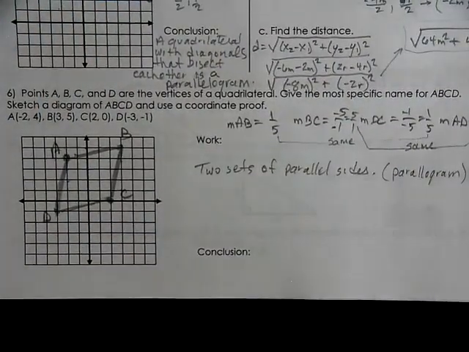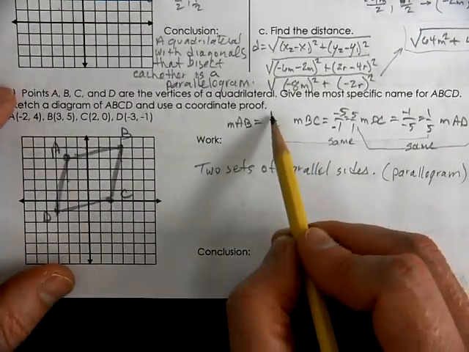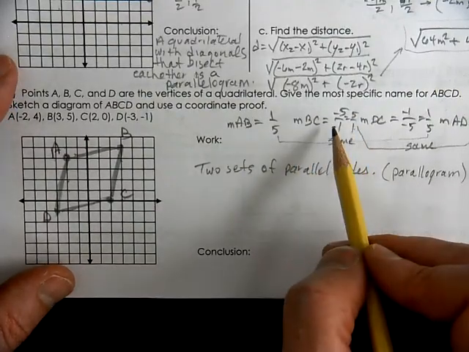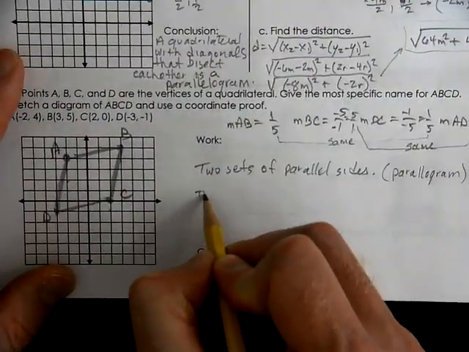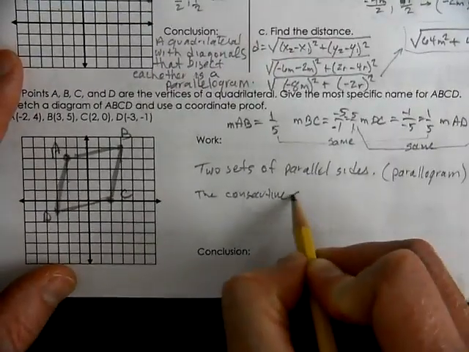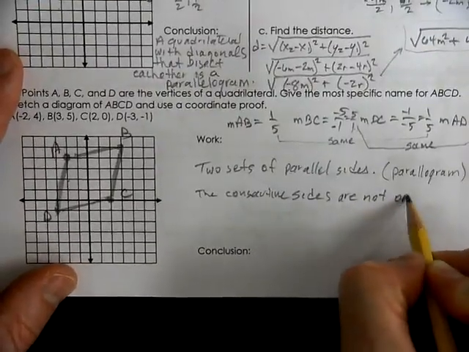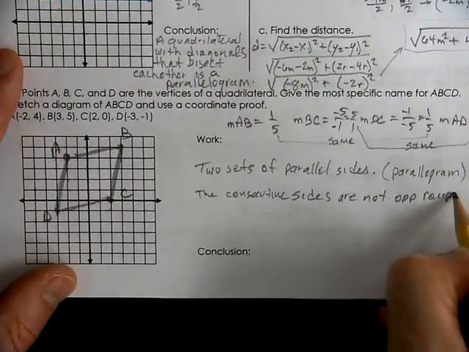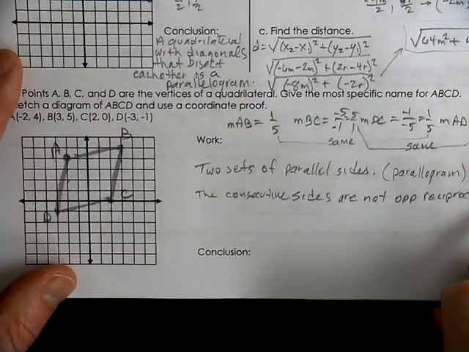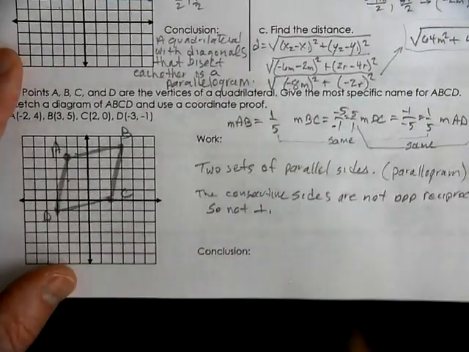So is the parallelogram opposite reciprocals? When we look at the sides right next to each other, 1/5 and 5/2 are not opposite reciprocals. The consecutive sides are not opposite reciprocals. They're reciprocals, but not opposite reciprocals. So not perpendicular.